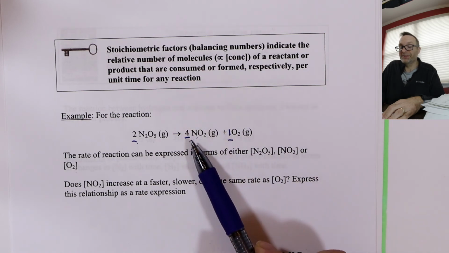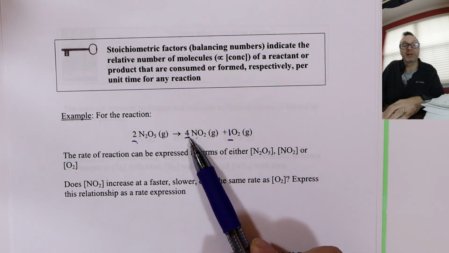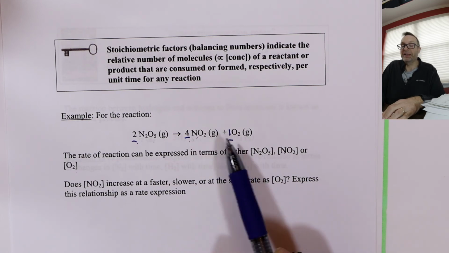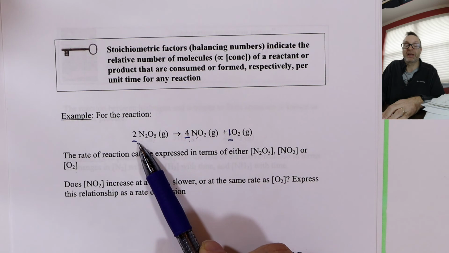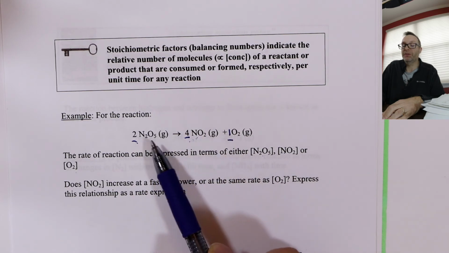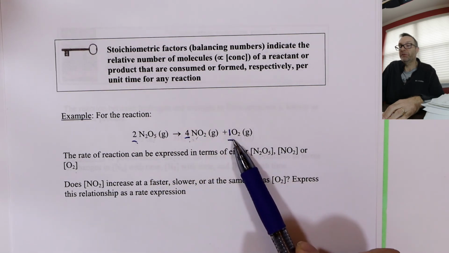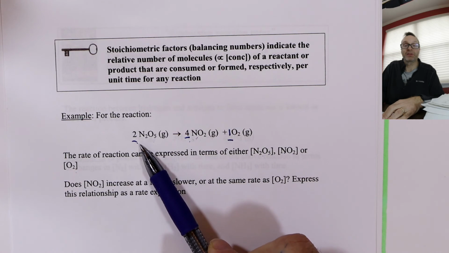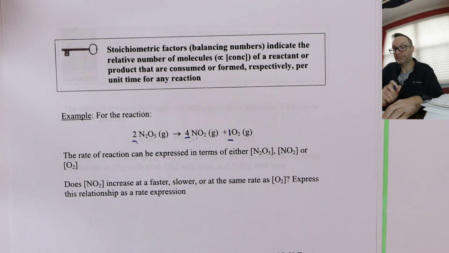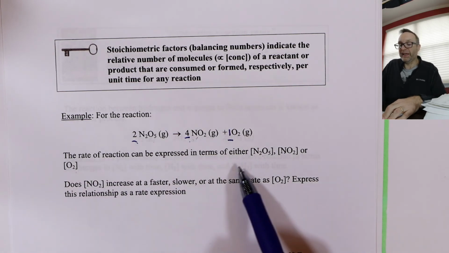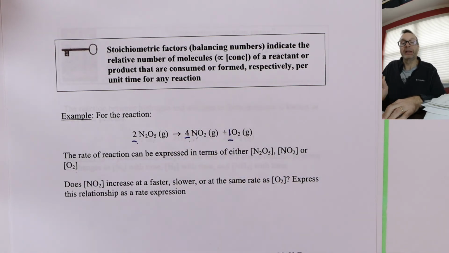To keep the numbers simple, say this was 4 moles per liter per second after 20 seconds. This would be 1 mole per liter per second, and this would be 2 moles per liter per second going away, because it's in a 4 to 1 to 2 ratio. That's 4 times less, and that's half, 2 times less. So we can express the rate in terms of any of them. We choose that one and then use stoichiometry to work out the numbers for the others.